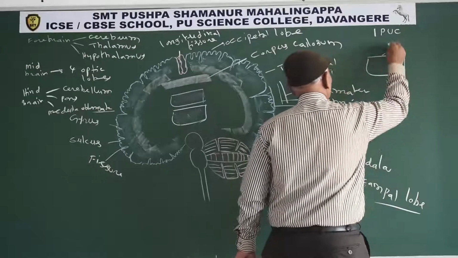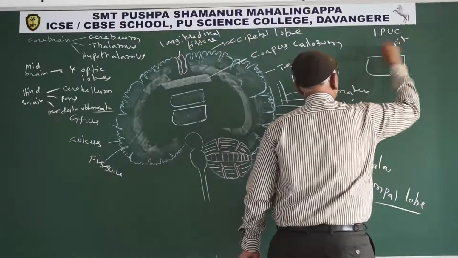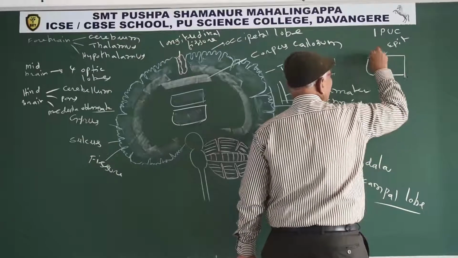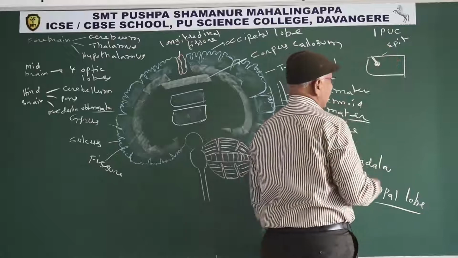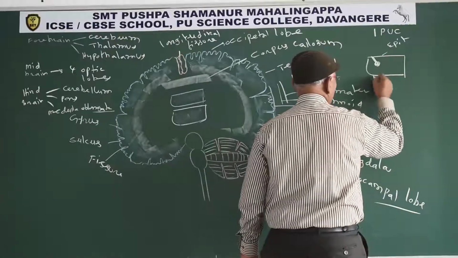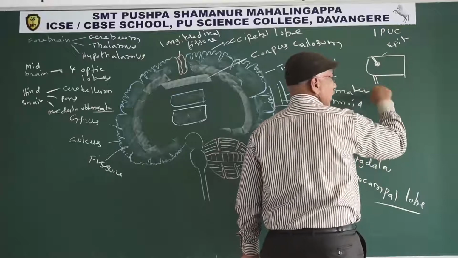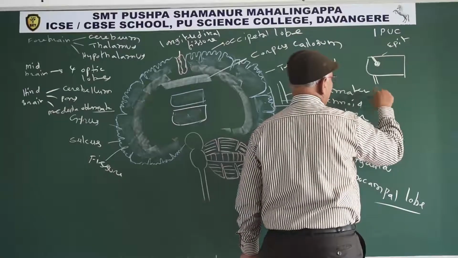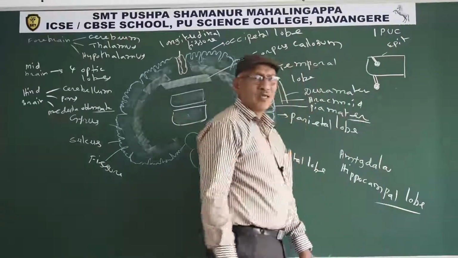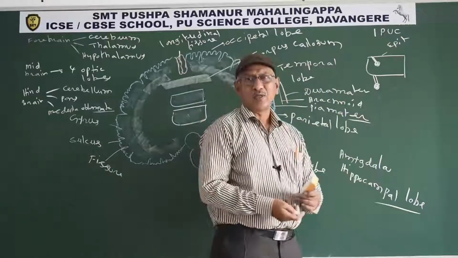Next one, thalamus. Roof of the thalamus is known as epithalamus. With the help of pineal stalk, pineal body attaches to roof of the epithalamus. Base of the thalamus is known as hypothalamus. From the hypothalamus, a stalk arises known as infundibulum. With the help of infundibulum, pituitary gland attaches to hypothalamus.